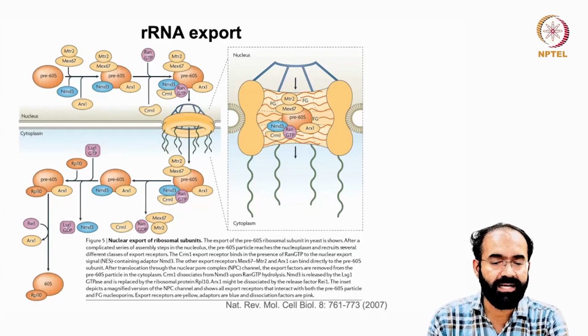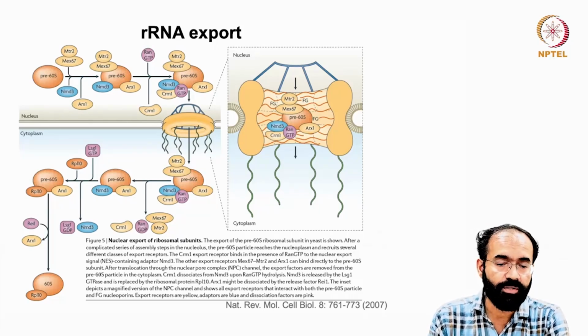So for ribosomal RNA export, if you see closely, this is the nucleus side, this is the cytoplasmic side, and this is the nuclear pore complex. You can see pre-60S assemble MTR2 and MEX67 and NMD3 and also ARX1.